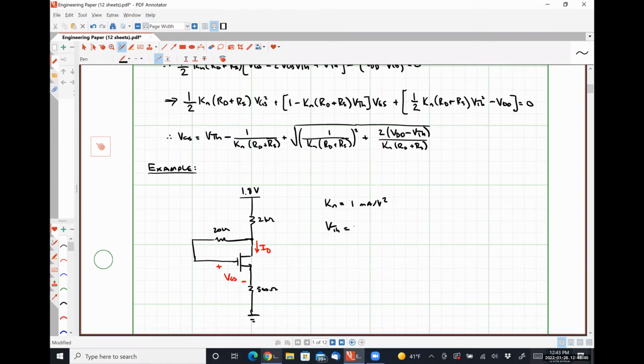VTH is 0.4 volts, and lambda is equal to 0, so that we're neglecting the effects of channel length modulation. So obviously, literally all we're going to do is plug these parameters into this equation. So take 2 minutes to figure out how to make your calculator do that.